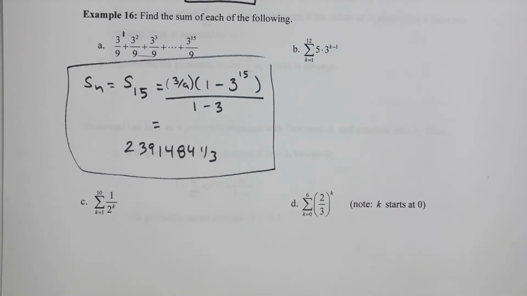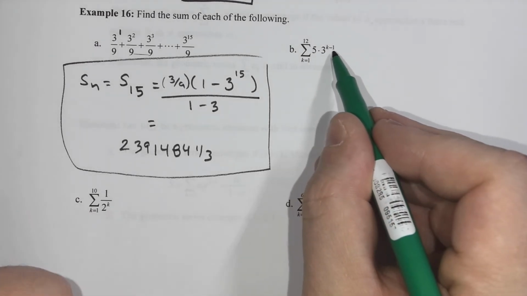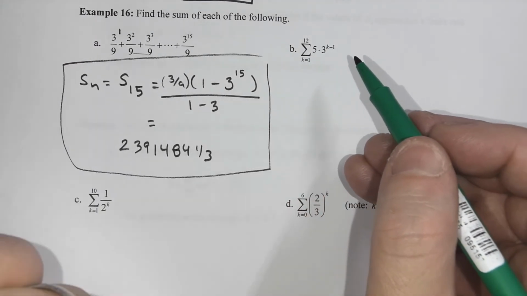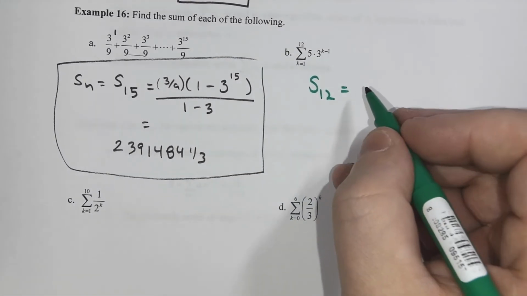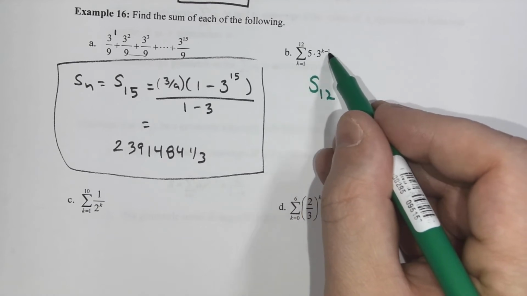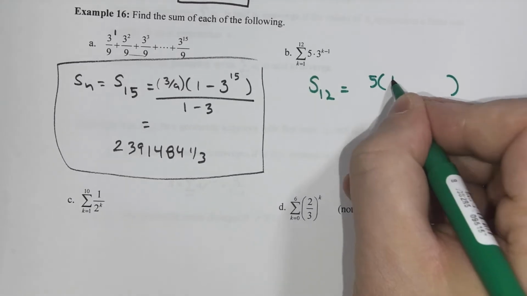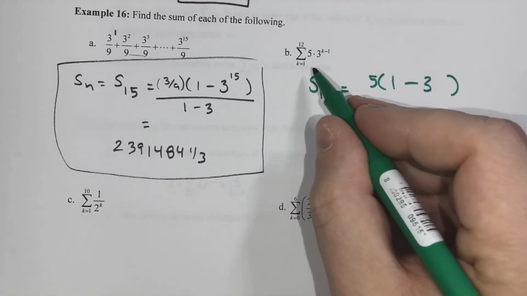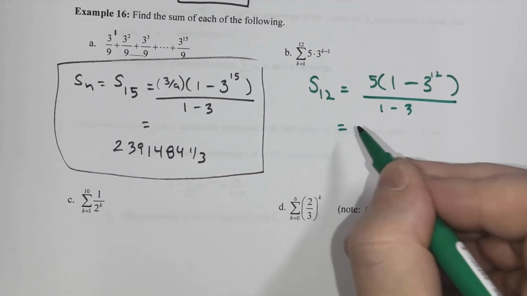Let's try B. So in B it says we're adding up 5 times 3 to the k minus 1 from 1 to 12. So again, we want to add up how many terms? 12. The first term is what we would get when we plugged in 1. 1 minus 1 is 0. 3 to the 0 is 1. So we get 5 times 1 minus, the multiplier is 3, and we want to go to the 12th term, so that'll be over 12, and 1 minus 3.